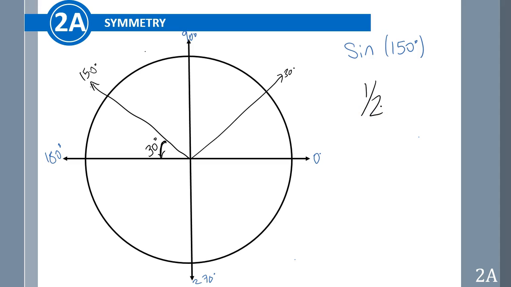The next thing we have to consider is, you remember our CAST diagrams? We've figured out that it's going to be a half, but we also need to check whether it's going to be positive or negative. It is in the second quadrant where sine is positive. So sine of 150 is positive 1/2.